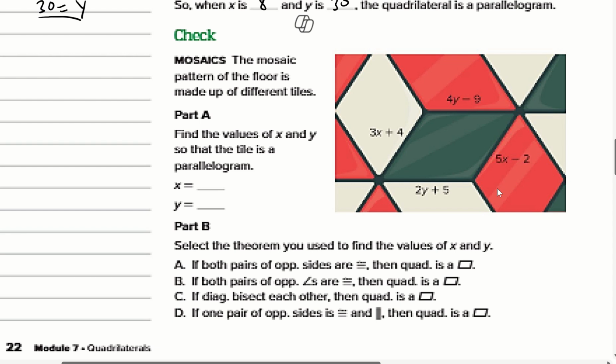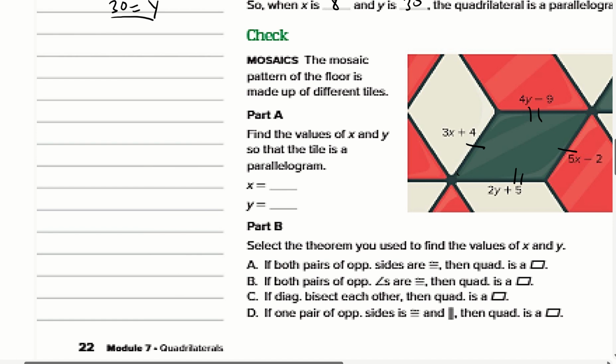All right, so here's the check. So again, just pause it real quick just to make sure you understand this. All right, so remember that this is a quadrilateral, has 4 sides, so the opposite sides have to be congruent for this to work, right? So we're going to set those congruent and solve it.